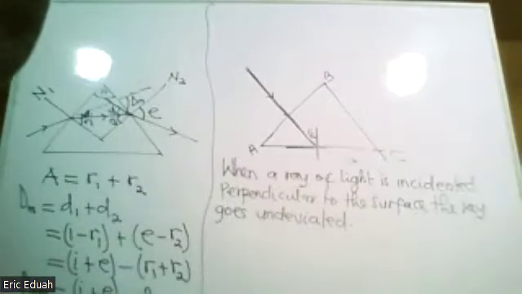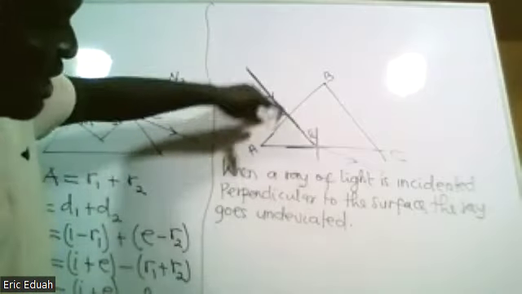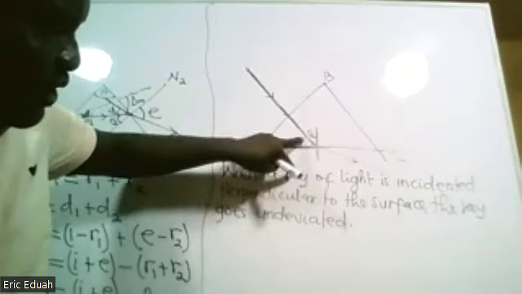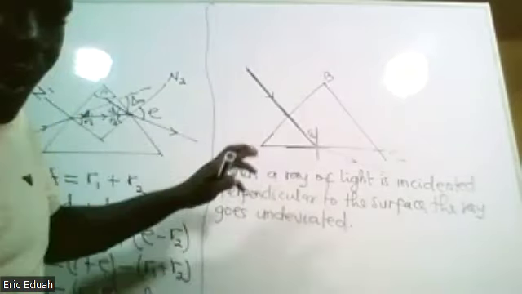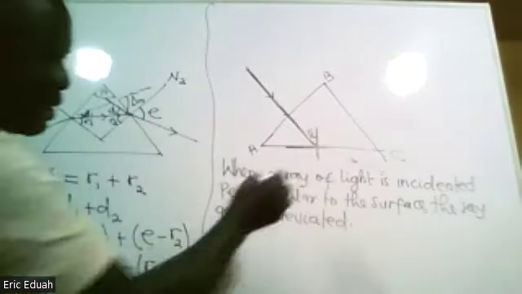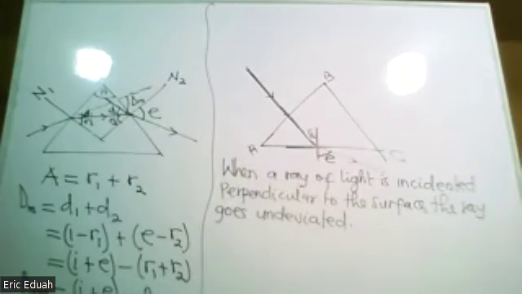So it will be deviated. But before, because it hits AB at 90, the ray is undeviated. It will be deviated when it is acting at any different angle. Then this becomes the angle of emergence, E.